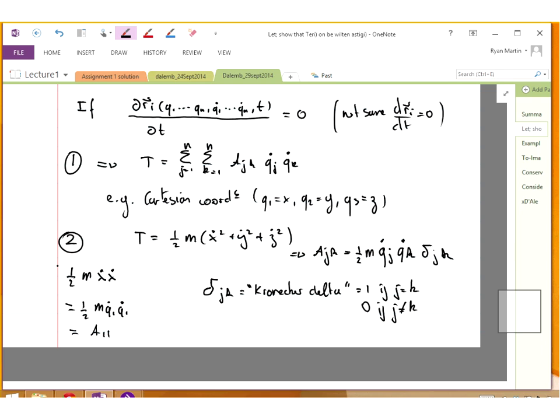So here I have A_jk equals a half m q_j dot q_k dot delta_jk. So delta_jk tells me set j equal to k. So then I can rewrite A_jk as A_jj equals a half m q_j dot times q_j dot.